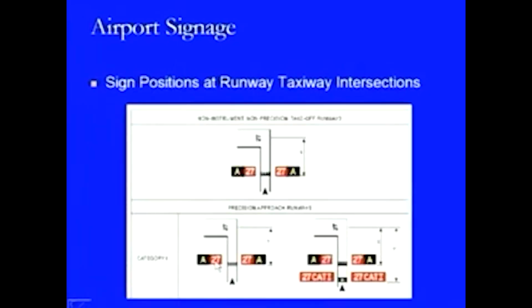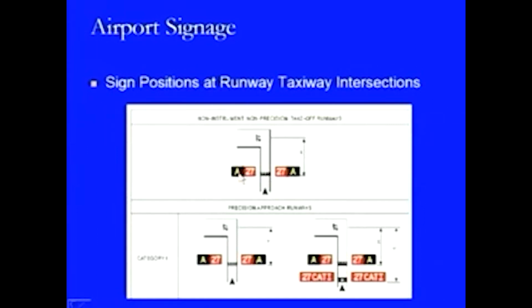Then here we are looking at the sign positions at runway or taxiway intersections. This is for a non-instrument, non-precision takeoff runway condition. In this case, this is a runway and this is a taxiway. The signs will be given in this form at a distance of x. Here these are the holding lines.